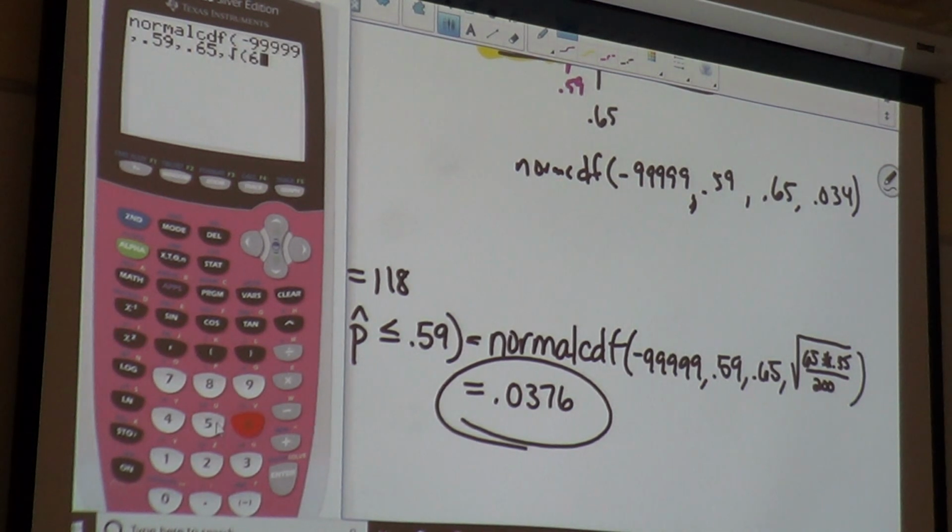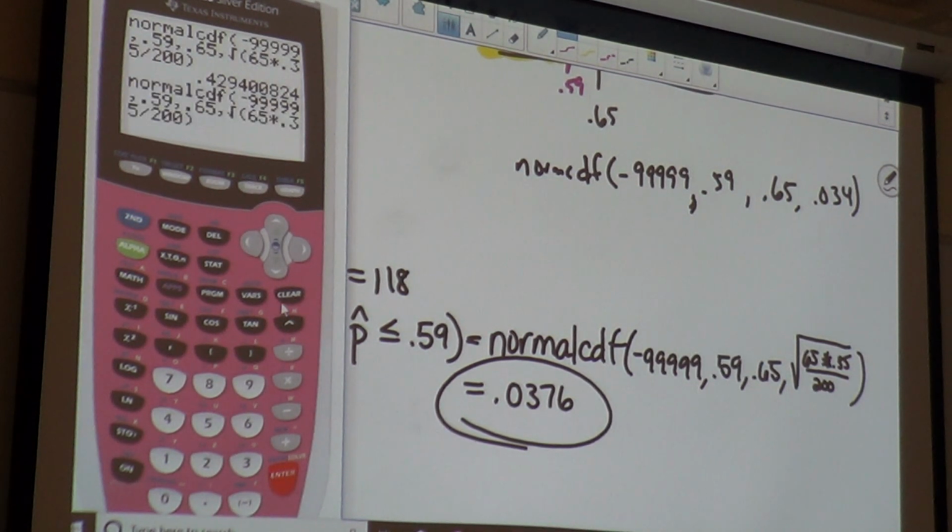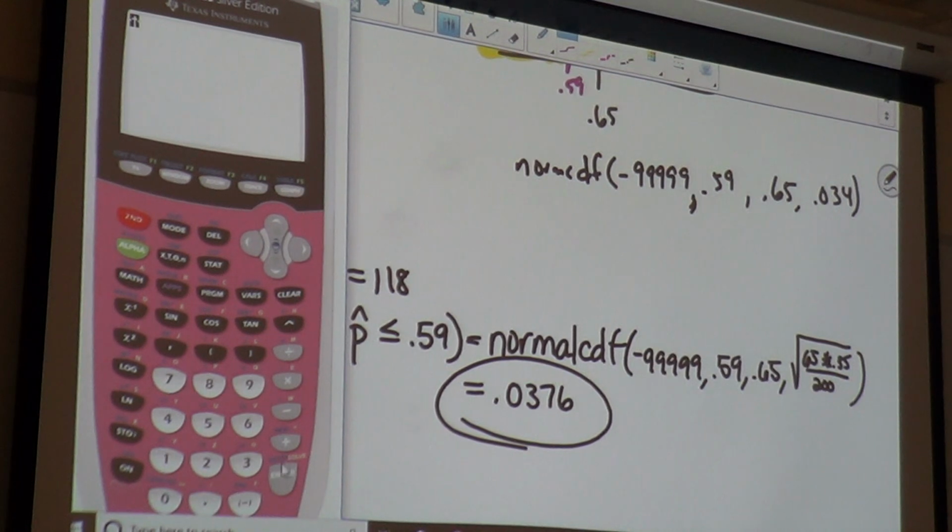Square root of 65 times 0.35 divided by 200, close it. Okay, that's if I use 0.65, 0.59. Okay, you did the square root of 65. Oh, that makes a whole lot of difference, doesn't it? Thank you. Yeah, I think you got rid of it.